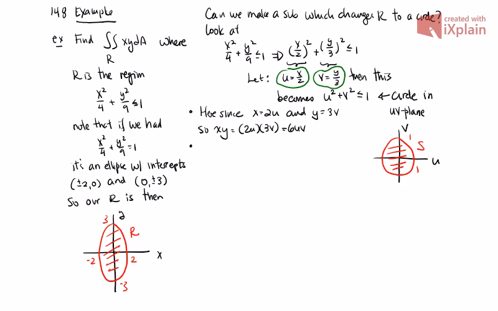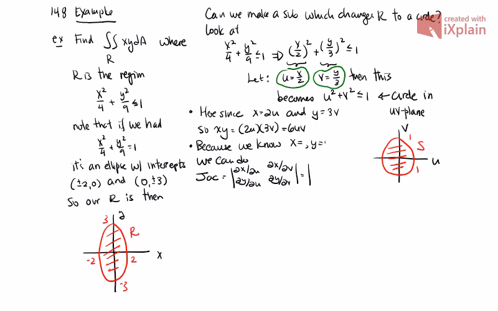Now, interestingly, because we've solved for x and y, we can use the other form of the Jacobian. Remember, one of the two versions we gave was the determinant of partial x partial u, partial x partial v, partial y partial u, partial y partial v.